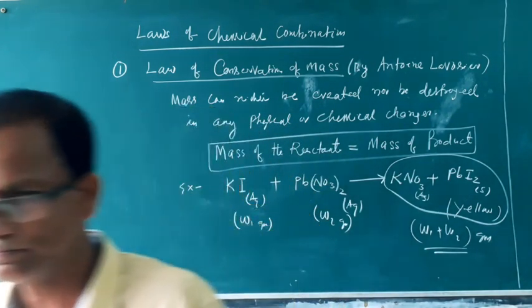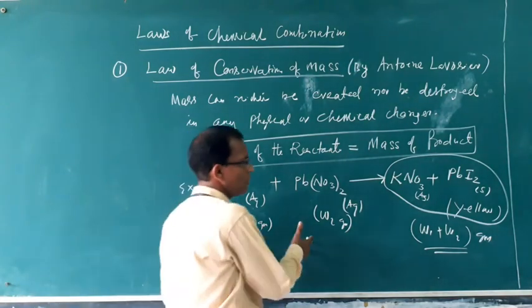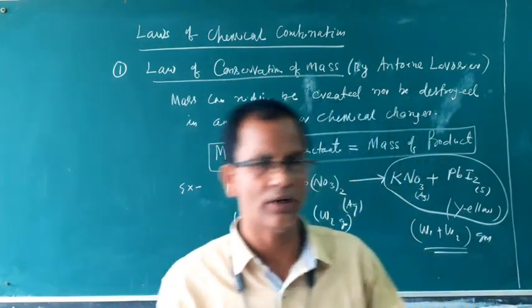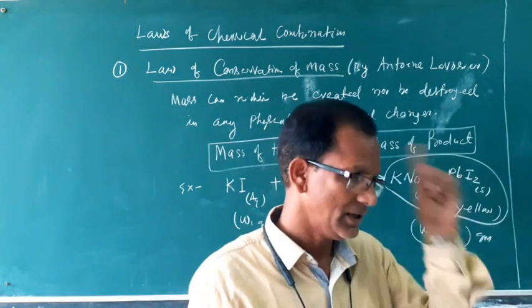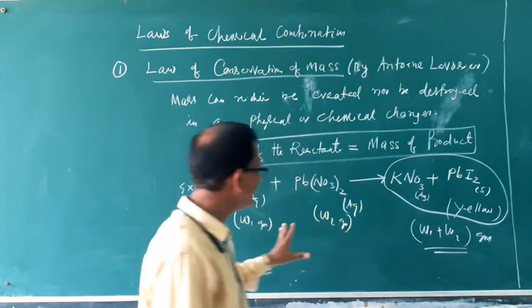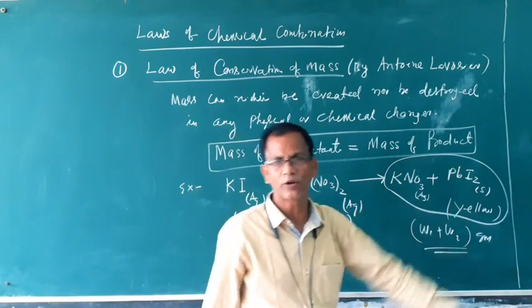That means the mass of the reactants is equal to the mass of the products. It is experimentally proved that in any change, physical or chemical, the mass of reactants is always equal to the mass of products.